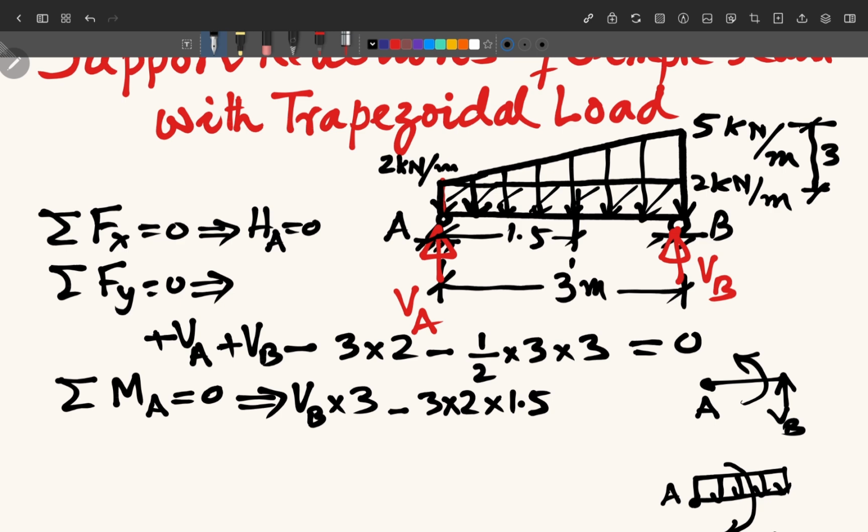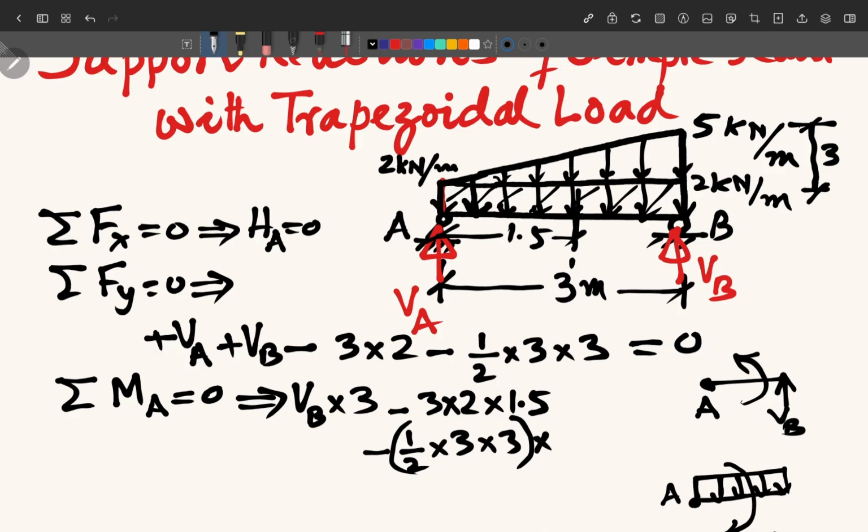Now we take the moment of this triangular load. So here we have this triangular load of having maximum intensity of 3 kilonewton per meter at point B. So when we take the moment, it will be minus half into 3 into 3. This is the load. Now we multiply by the distance of its centroid.